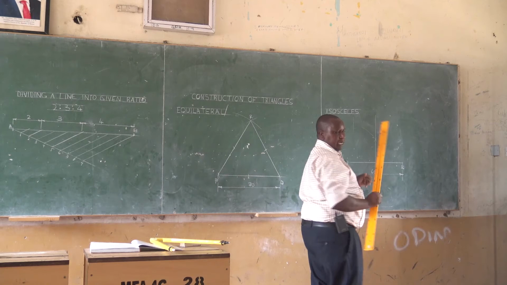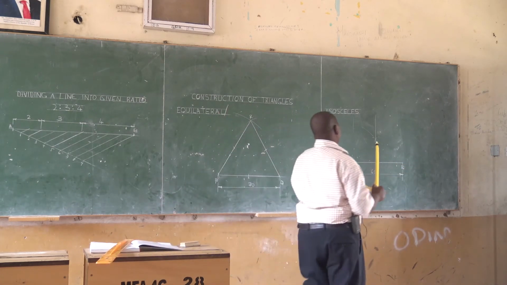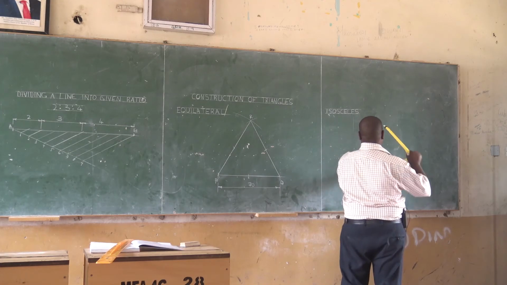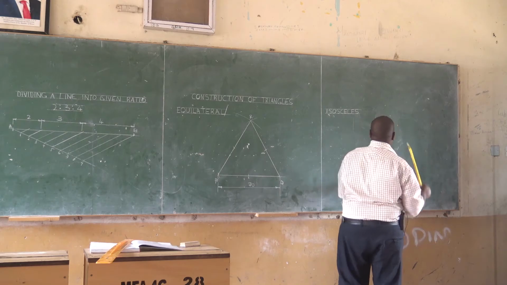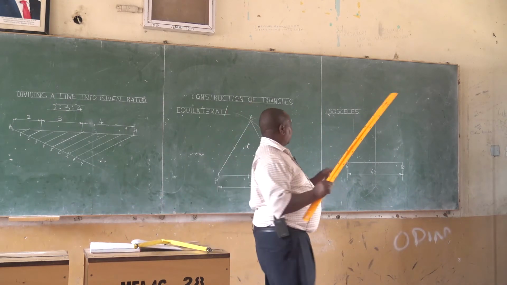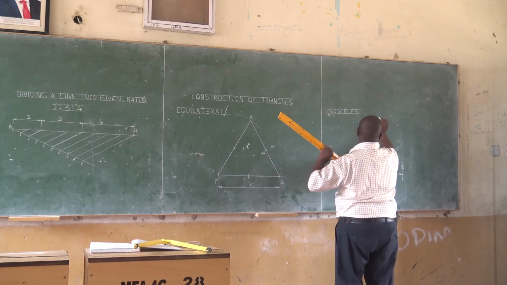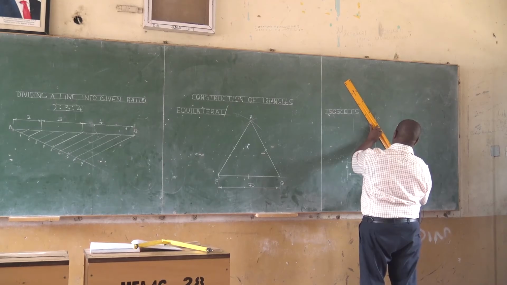Along the bisector, mark length of 55 millimeters, to get our point C. Now join AC and BC.